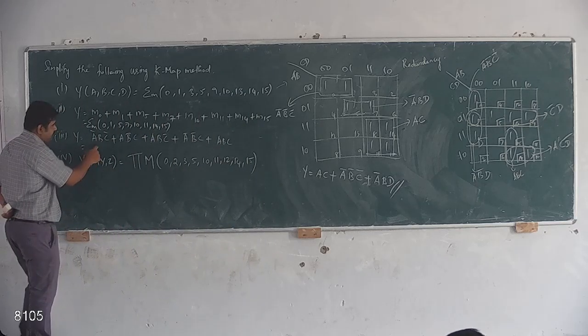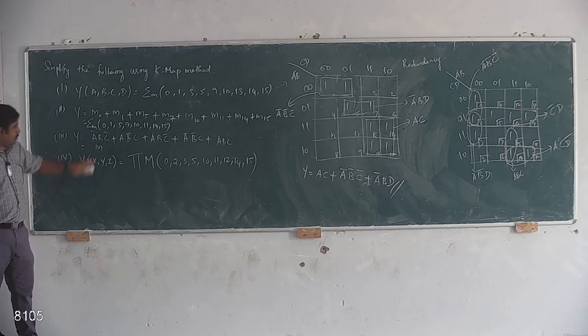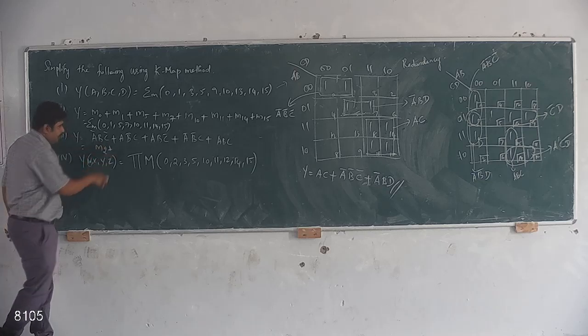This can be written as M. What is the value here? 0, 1, 0. A bar is nothing but 0, B is nothing but 1, C bar is nothing but 0. 0, 1, 0 is 2.